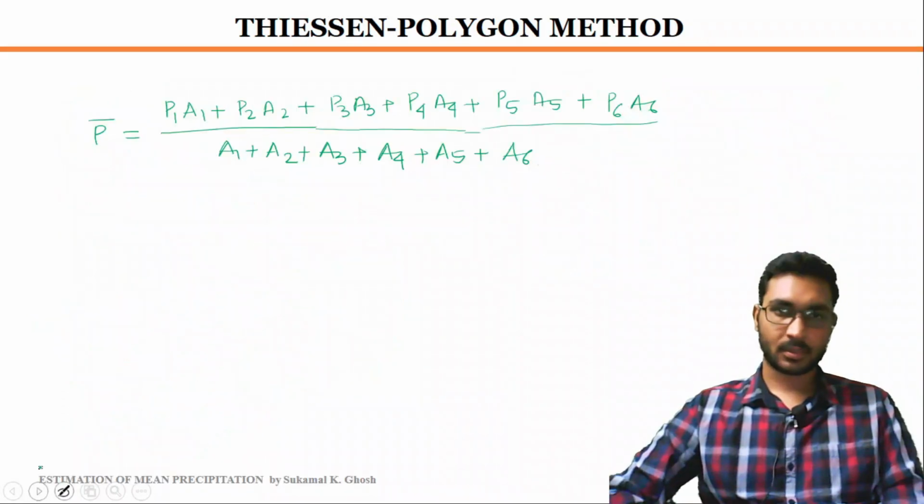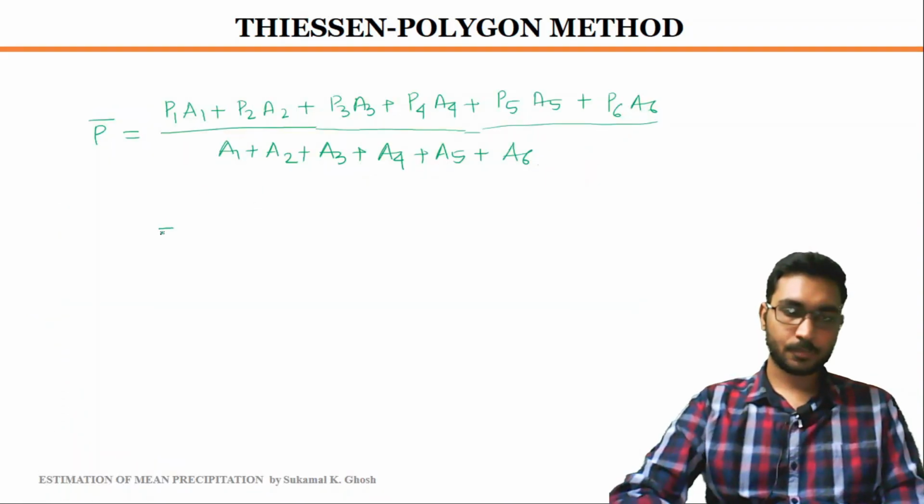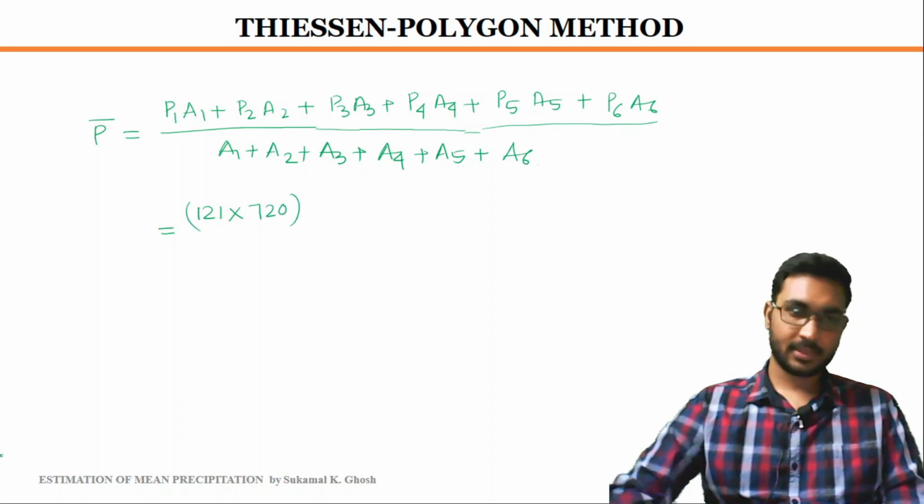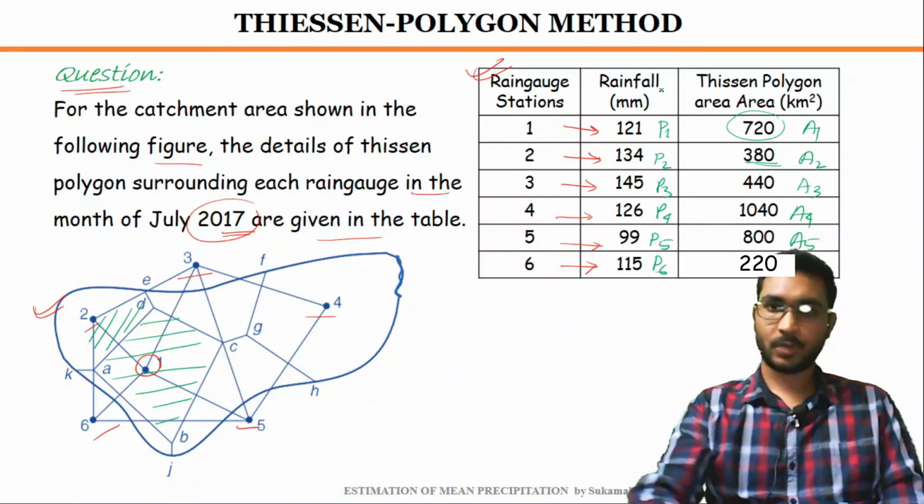So P1 is equal to 121 and A1 was 720, right? See, P1 is 121 and A1 is 720.